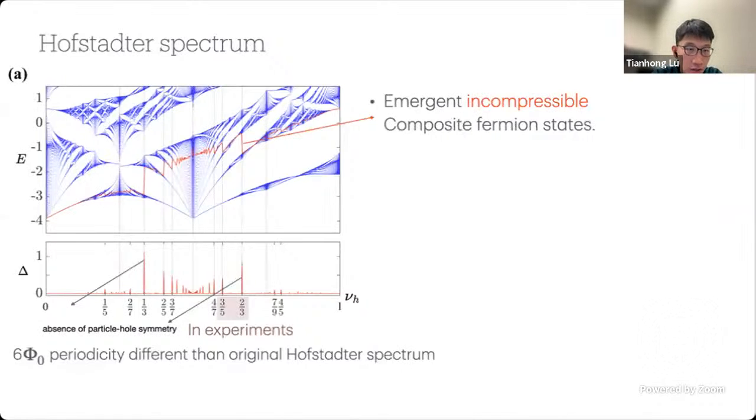The blue dots are the energy values. The red curve in the first column of the figure is tracking the Fermi surfaces. We also calculated this jump in the Fermi surfaces in the second column of the figure, and we call that the composite fermion gap.